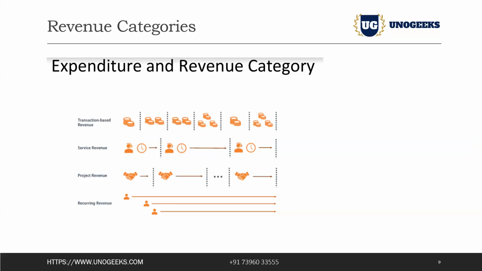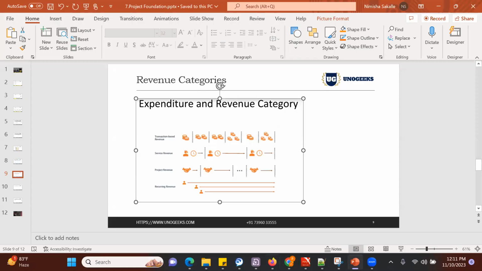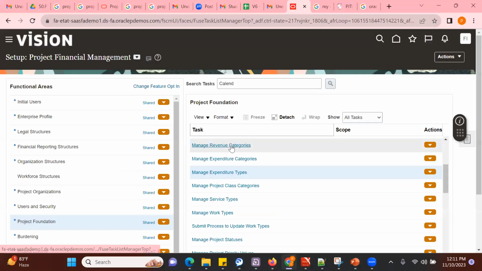So what is your category now? It is non-labor. Getting it? So similarly, we have different categories of revenue, like we have different categories of our expenditures. Again, revenue generation in the setup is very, very simple.